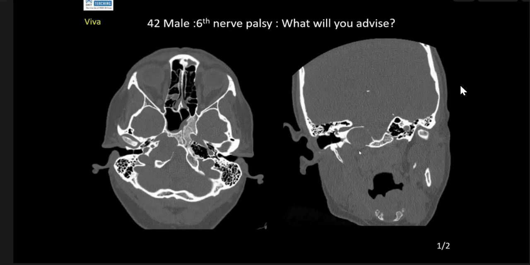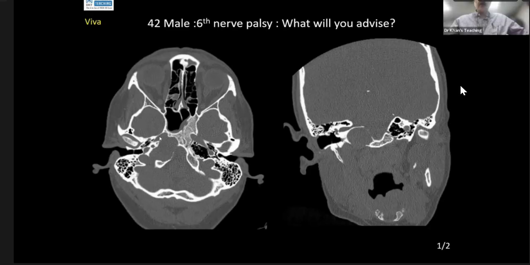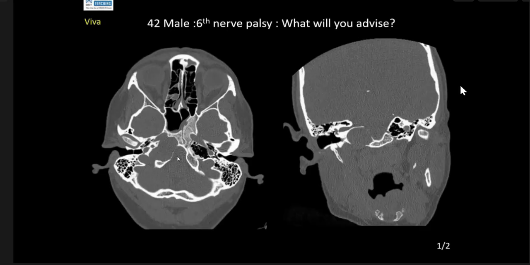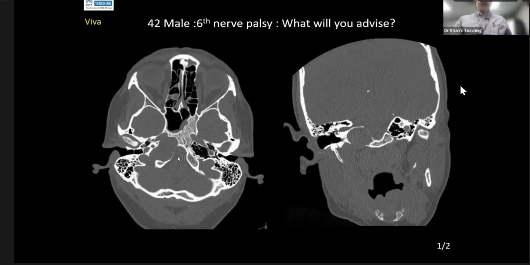So this would be in the region of where you'd have the ICA and the carotid canal. So it does make me think either a lesion that's within the carotid sheath, or do you want me to show you an MRI or an angiogram?